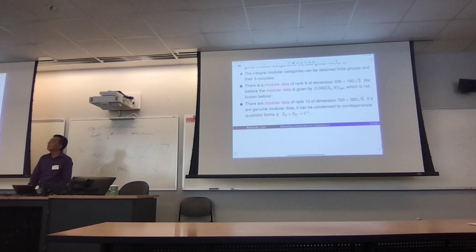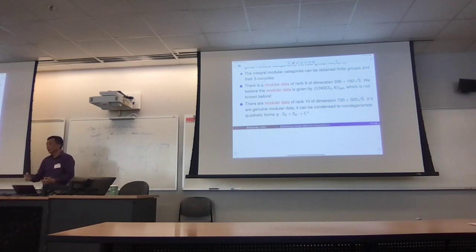We go to rank 10, the computation is heavier. And another extreme is 720 plus 320 times square root 5. If it's a genuine modular data, let me use one word that was probably never used in this lecture before, which is condensation.